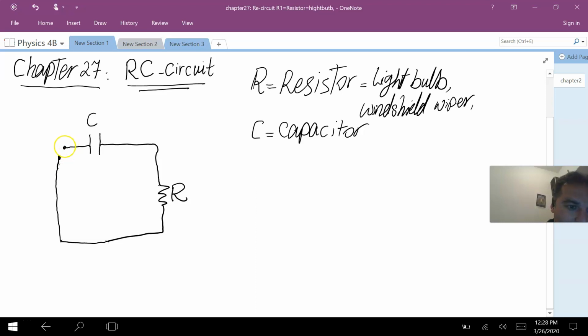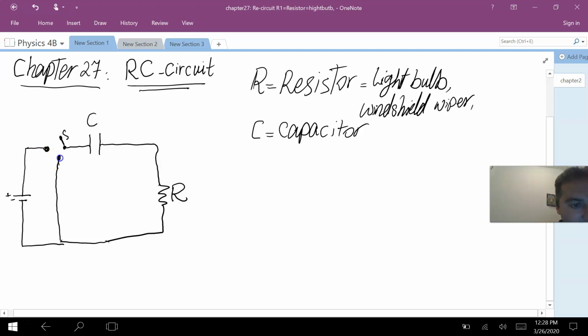So let me call this one switch S. So it's like key, it's like switch. And then here, this is positive, it's a battery. There you go.